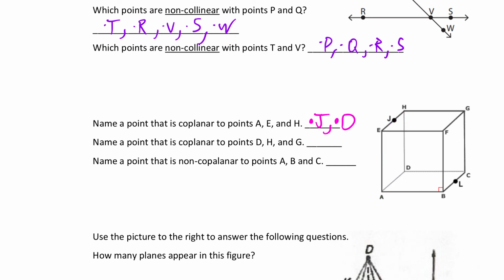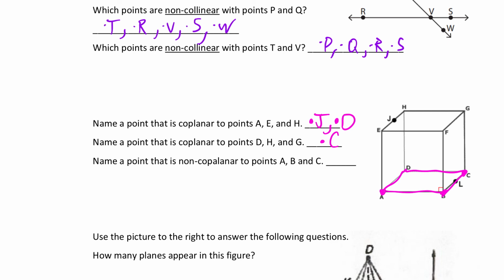Okay, next one, what's on the same plane with D, H, and G? Good. D, H, and G, C is on that same plane. And then name a point that is non-coplanar to A, B, and C. So here's A, B, C, so that's talking about this down here.